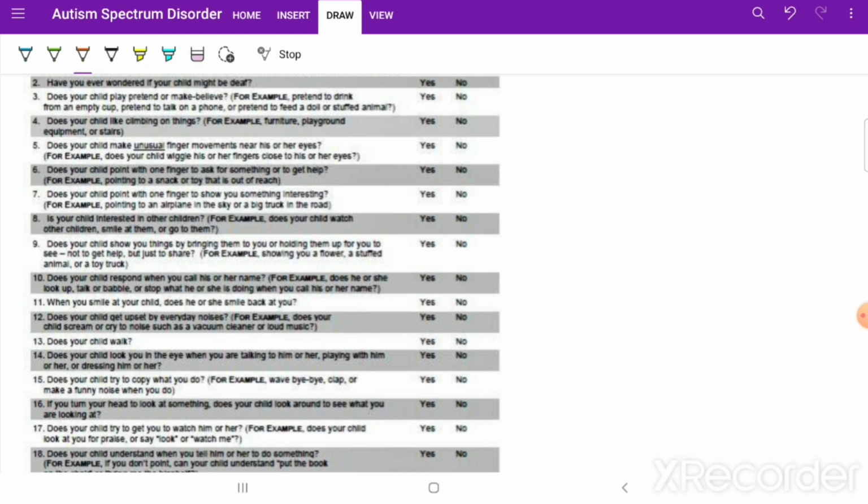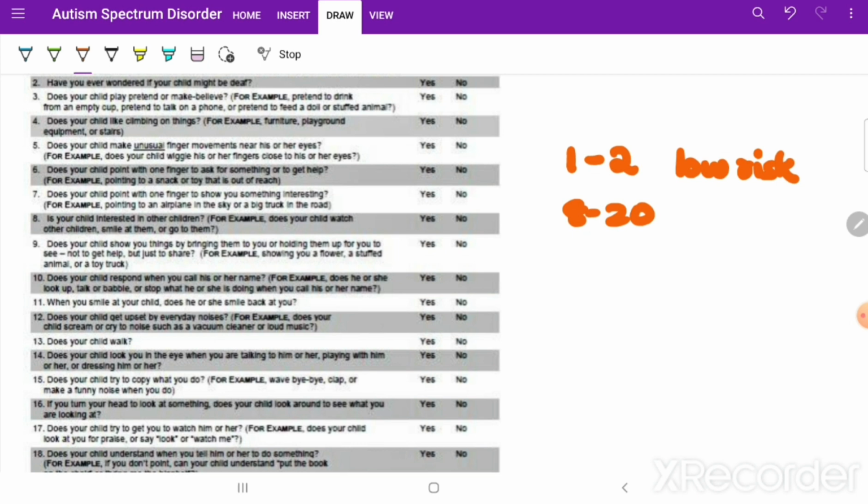Based on the total points, we are able to assess whether the child has a risk of autism. We take this checklist and assess with the mothers. If we get a score of 1 to 2, this is low risk. For moderate risk it's 8 to 20.